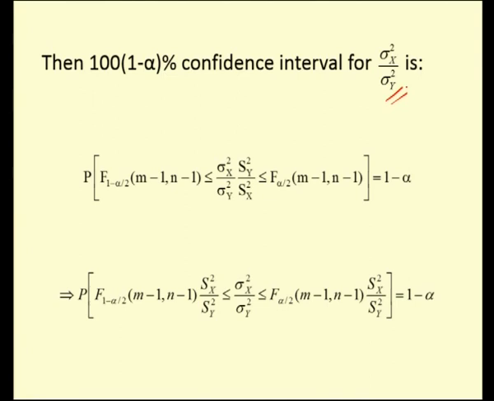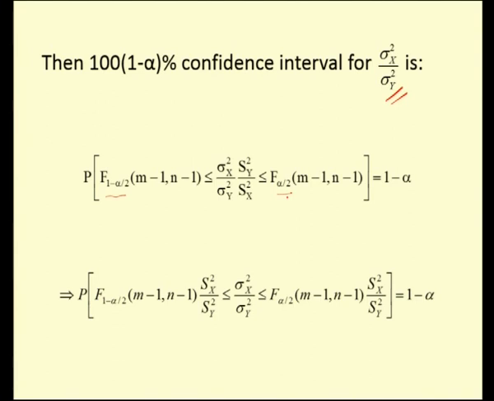Therefore, by definition of confidence interval, you consider the probability that F of 1 minus alpha by 2 with m minus 1, n minus 1 degrees of freedom is less than or equal to sigma squared x divided by sigma squared y times s squared y by s squared x, which is less than or equal to F alpha by 2 with m minus 1, n minus 1. Here we have considered 1 minus alpha by 2 and alpha by 2 because of the construction of the distribution of the F.